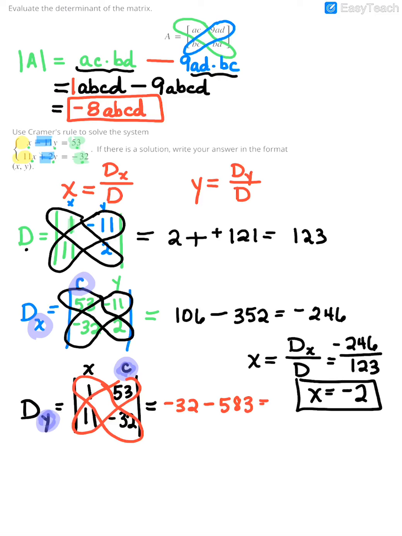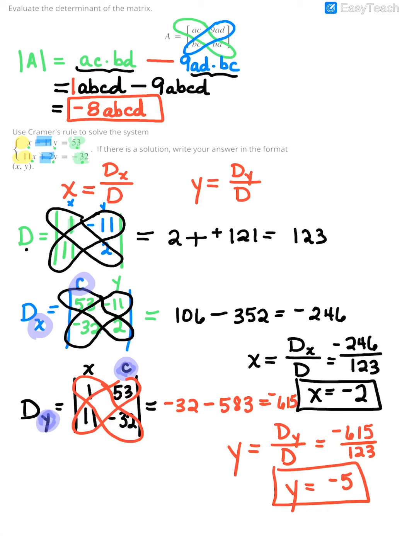So if I take a negative 32 and I subtract 583, I am left with a negative 615. So my value of y is the determinant with respect to y divided by my determinant. So that would be a negative 615 divided by a positive 123. And that would tell me that my y value is equal to negative 5.